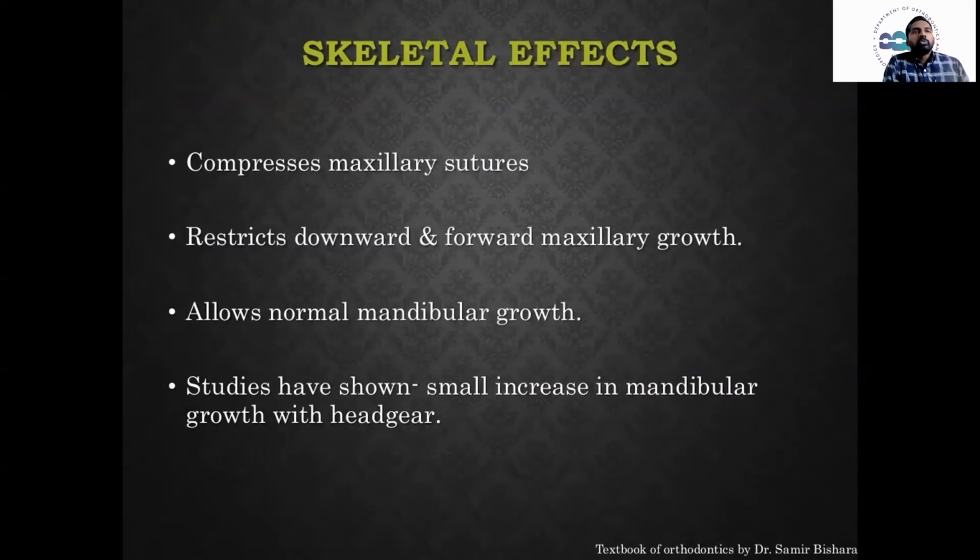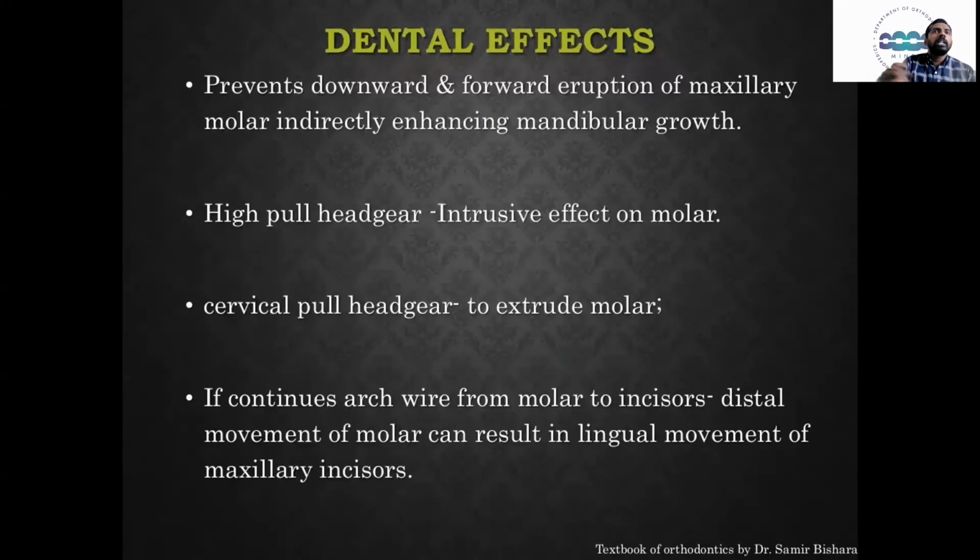What are the skeletal effects of this headgear? It compresses the maxillary sutures, restricts the forward and downward maxillary growth, and allows normal mandibular growth. The dental effects: it prevents the downward and forward eruption of the maxillary molars, indirectly enhancing the mandibular growth.